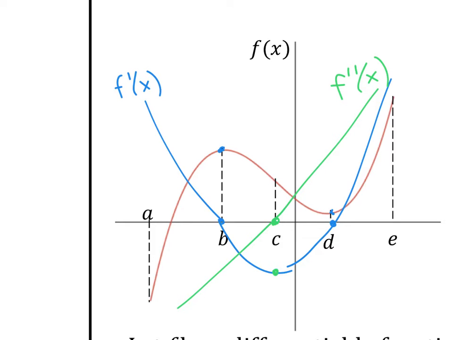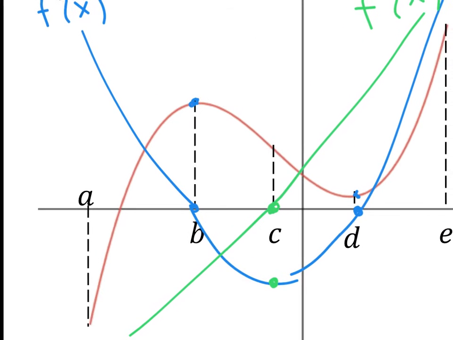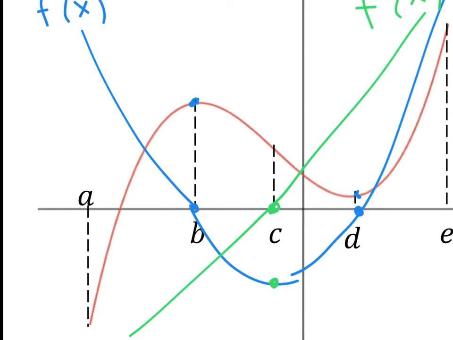Okay, so if you look at the second derivative, which is the green, it has a very special point at c, right? c is 0, so that means something is special about this point. Let's look at this point and all the way back to the red, which is the first graph, f of x. So at this point, something happened.